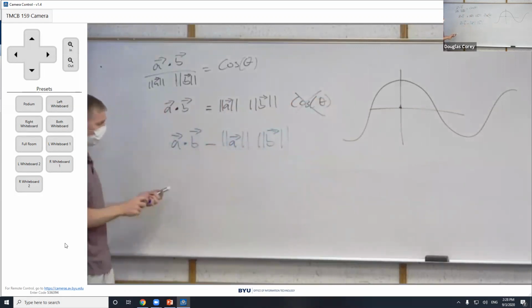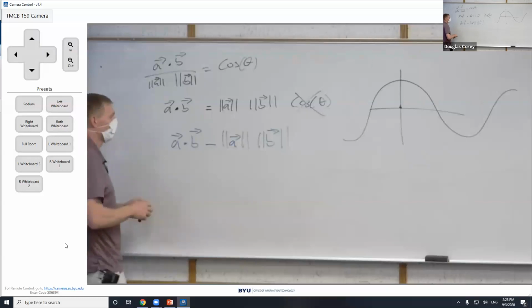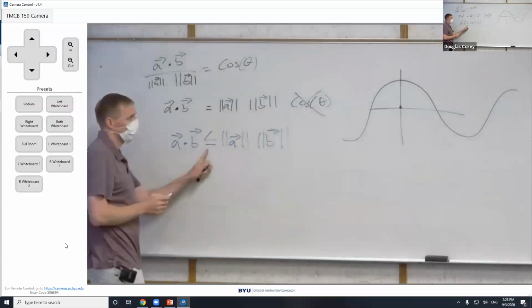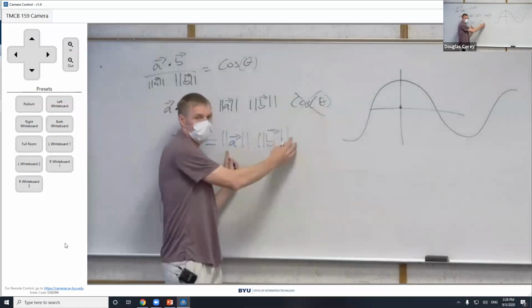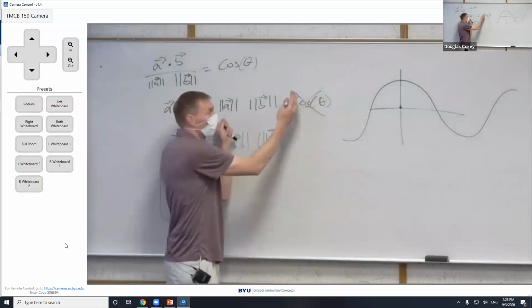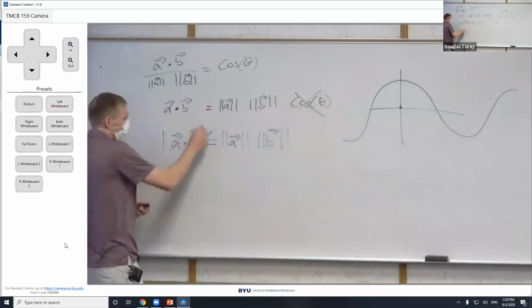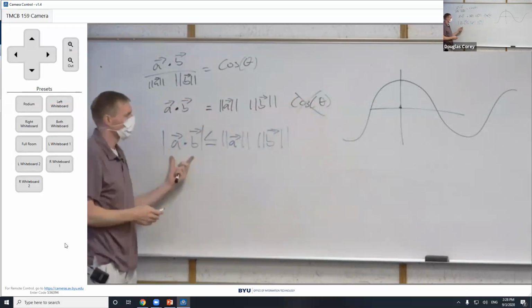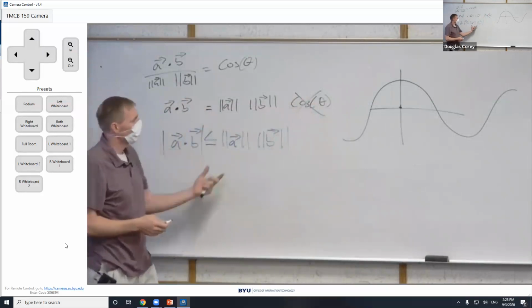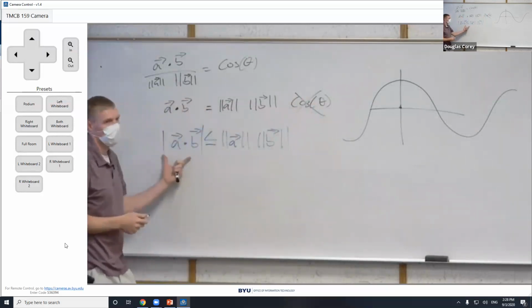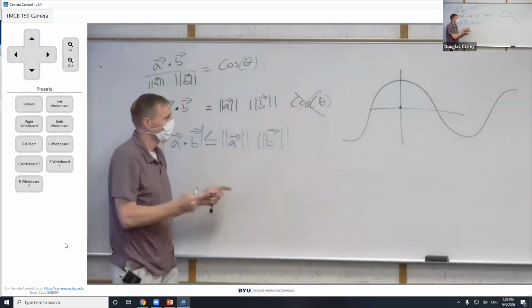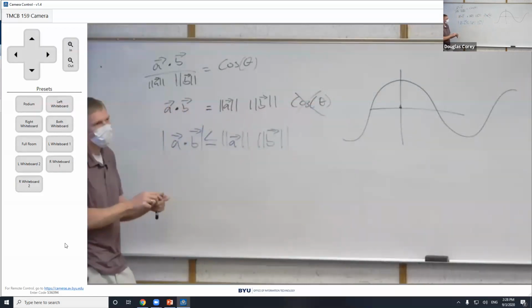It could possibly be equal. It's going to be less than or equal, because cosine will sometimes shrink this side. If I always keep this side as large as possible, which is when cosine is 1, I do have to be careful to adjust my signs. But this will always be larger than the dot product, and they will be equal if A and B are pointing in exactly the same direction.